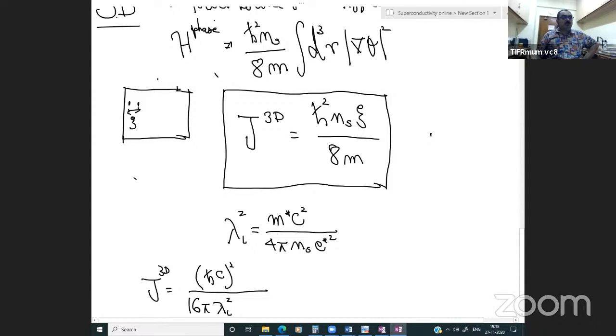If I put E instead of E star, then it is 16 pi lambda L E squared.